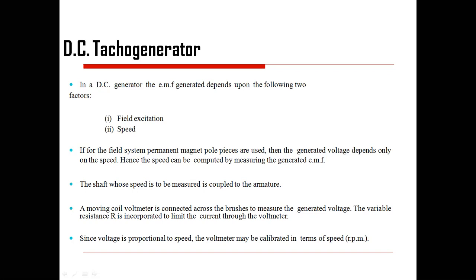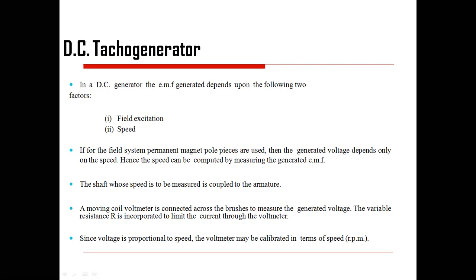It is coupled with the armature, and a moving coil voltmeter is connected across the brushes, because DC tacho generators or DC motors have the limitation of loss due to the brushes that are present to measure the generated voltage.